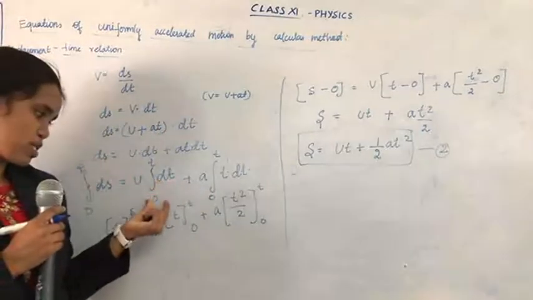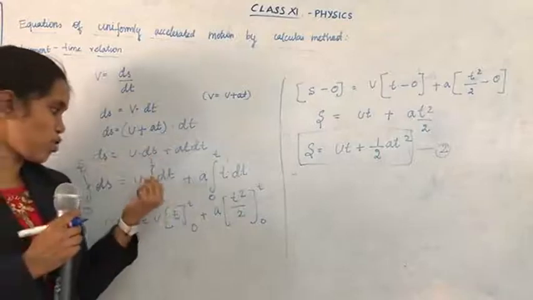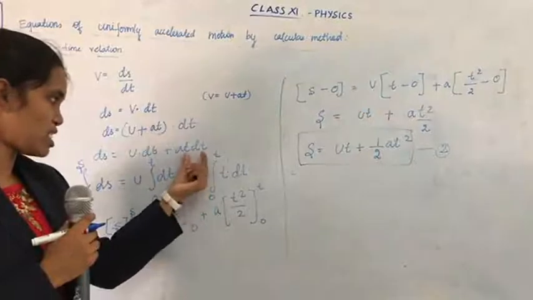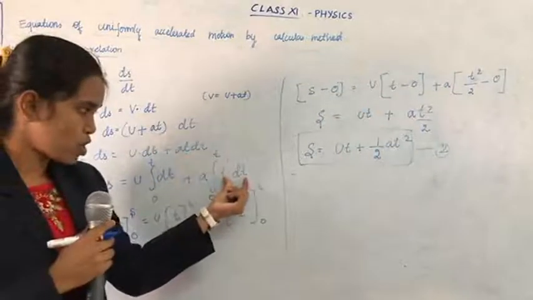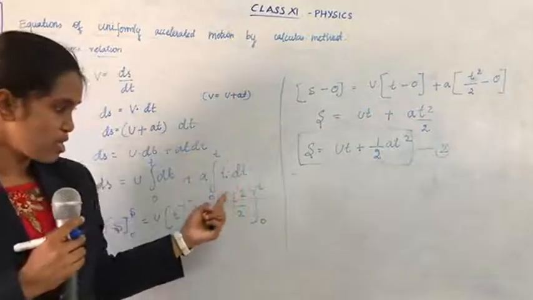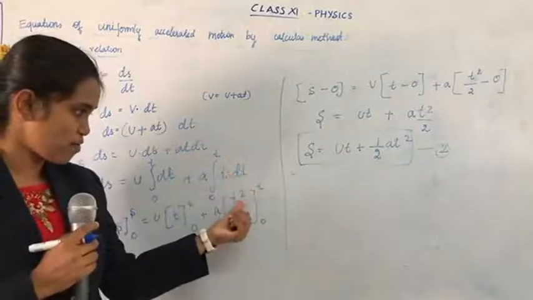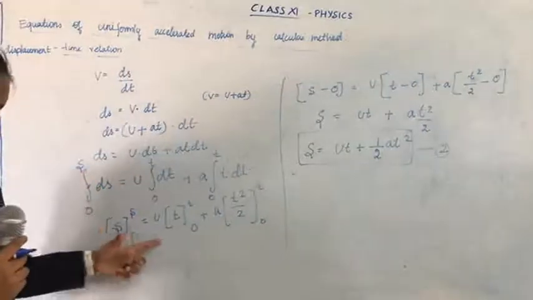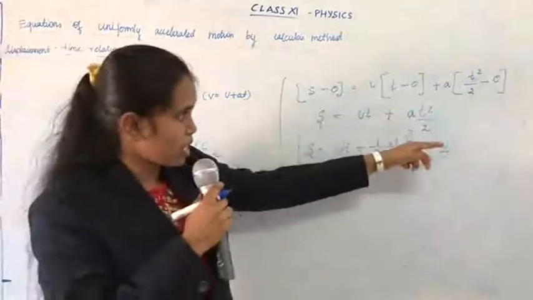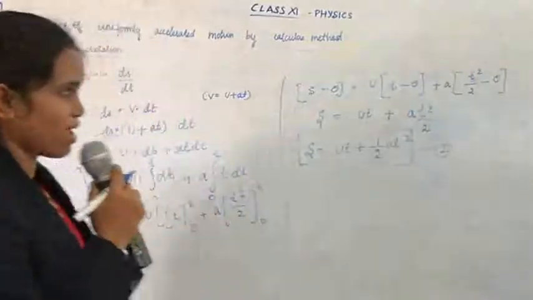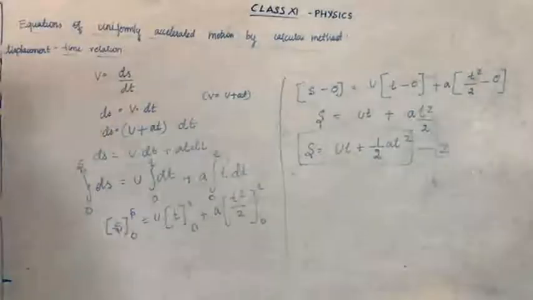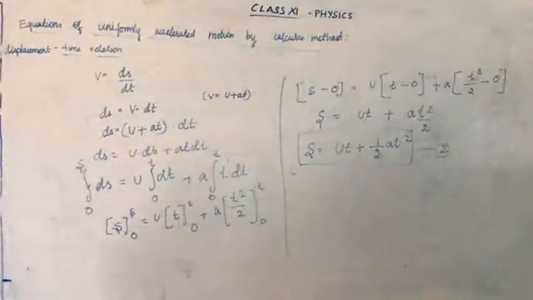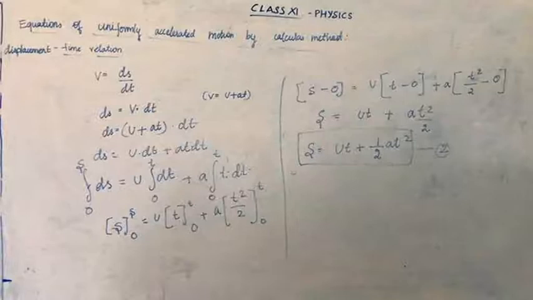For time also, 0 is the initial and t is the final. Take u outside, and a is constant, so take it outside, with t dt remaining. By the formula, integrating t dt gives t square by 2. Further, cancel the differentiation and integration, apply the upper and lower limits, and you will find the answer. This is the second equation, for the displacement and time relation. Have you understood children?